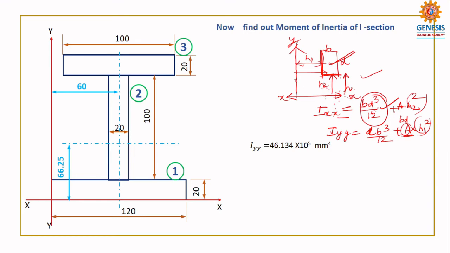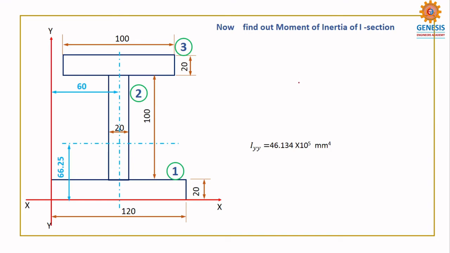Now I will move on to this. These are the individual centroidal lines, and this is the combined one. The same thing applies for individual and composite. This shifts down a little bit because it is heavier.